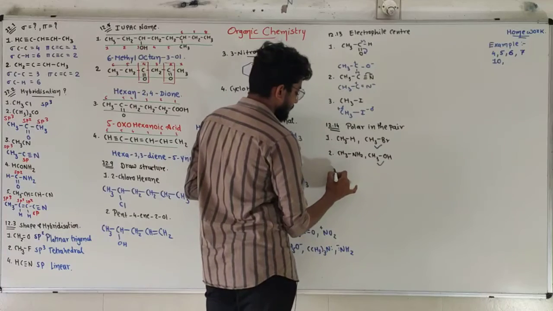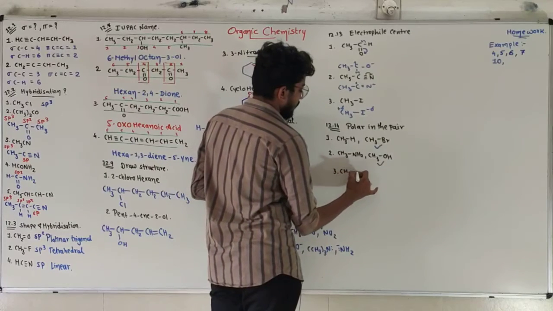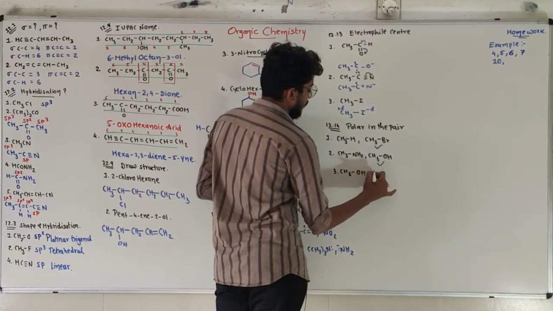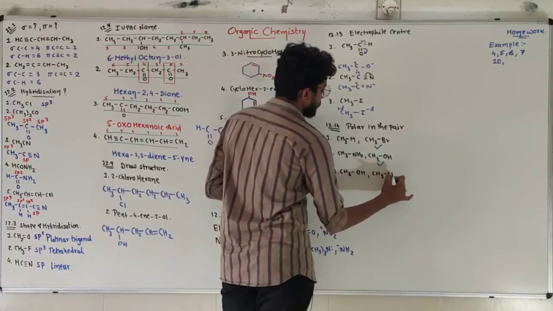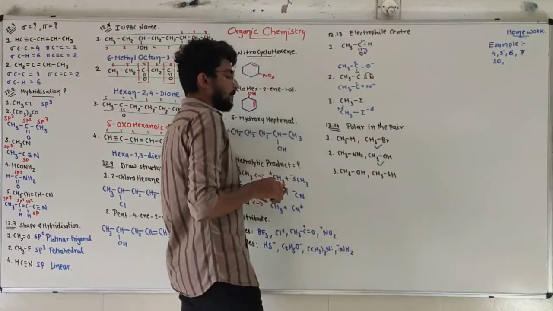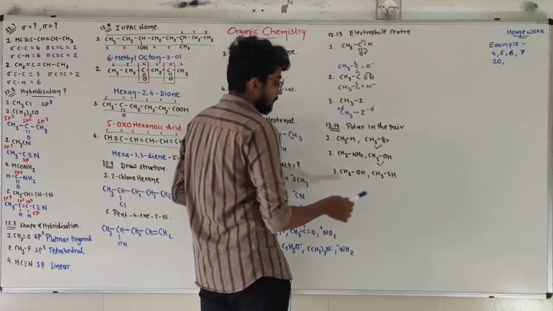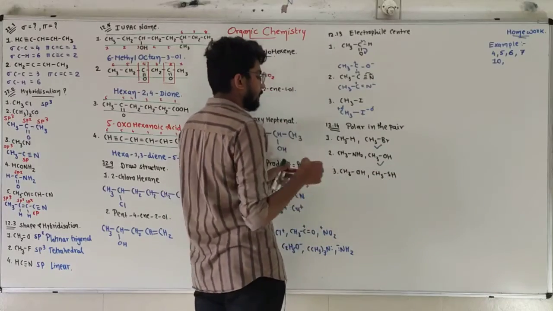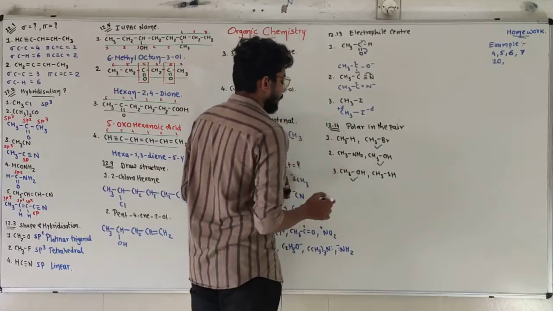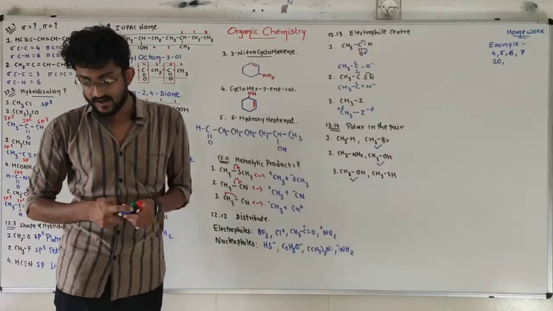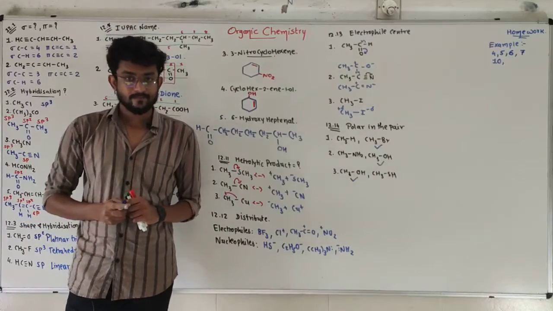Our third pair is CH3OH and CH3SH. Oxygen and sulfur belong to the same group, but sulfur is less electronegative than oxygen. That's why CH3OH will be more polar than CH3SH.